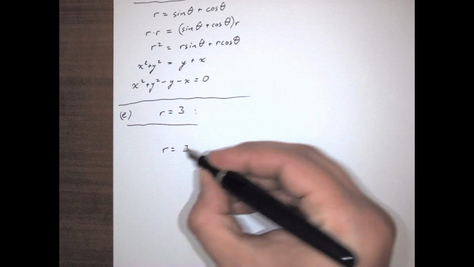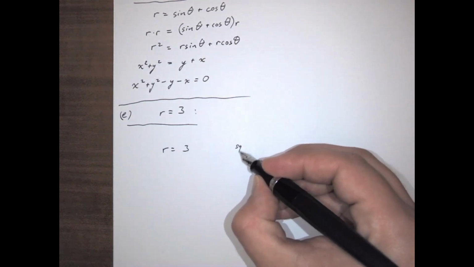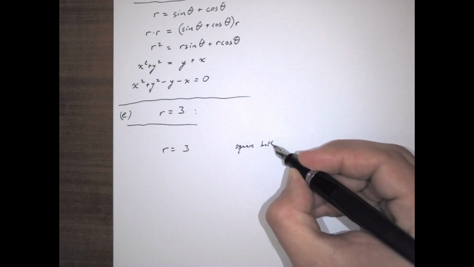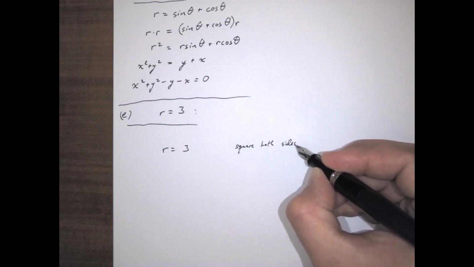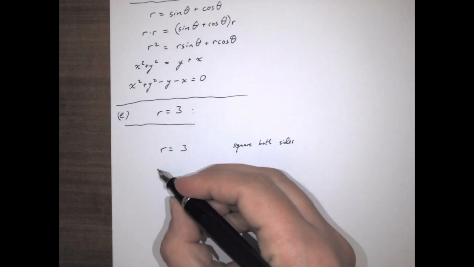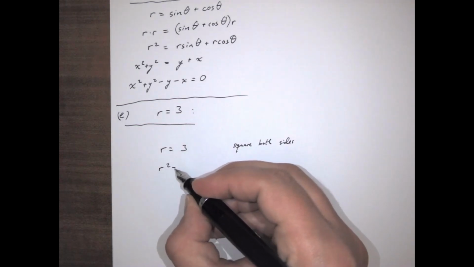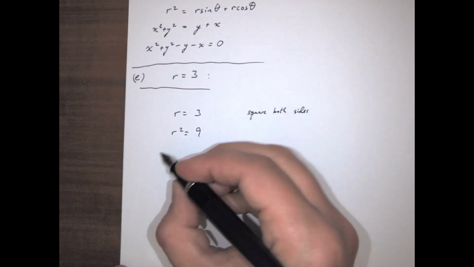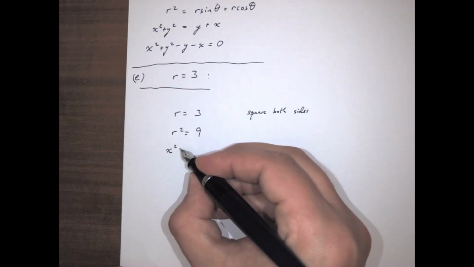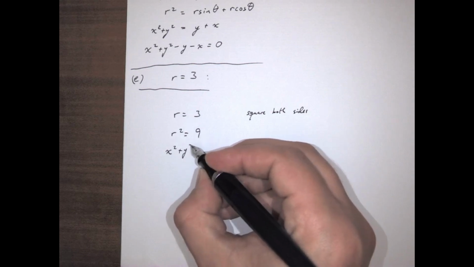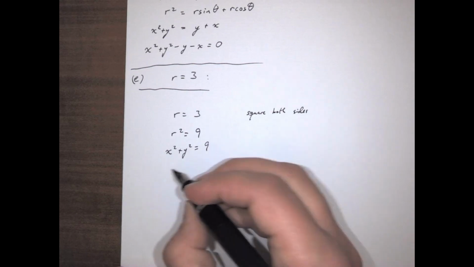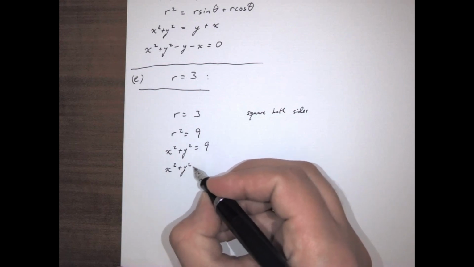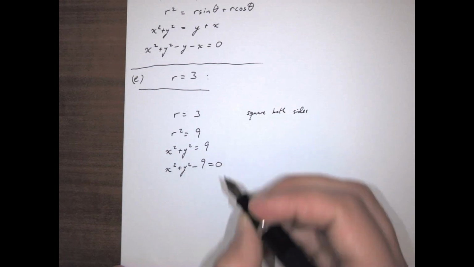So r equals 3, so just square both sides. And that would have r squared for the left and 9 for the right. And then finally, x squared plus y squared equals 9. Or in other words, x squared plus y squared minus 9 equals 0.